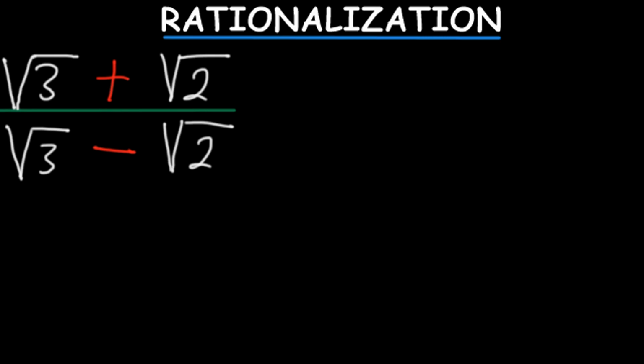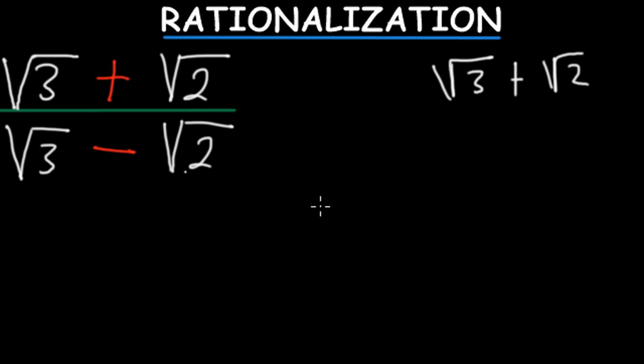So we have an expression and we are required to simplify it. The first thing we need to consider doing is to multiply both the numerator and denominator with the conjugate surd of the denominator. So what exactly is the conjugate surd of this denominator? The conjugate surd will be square root of 3 plus square root of 2.